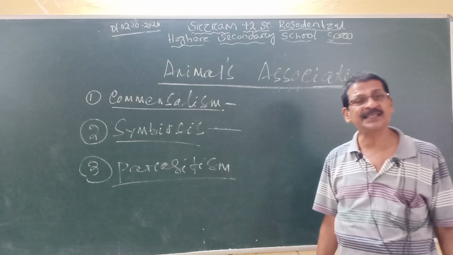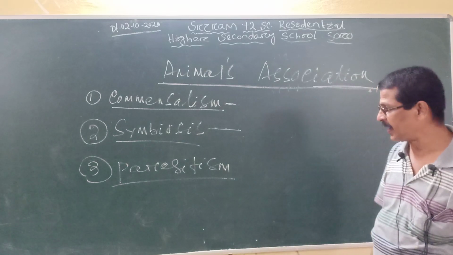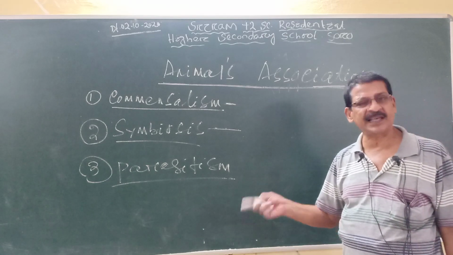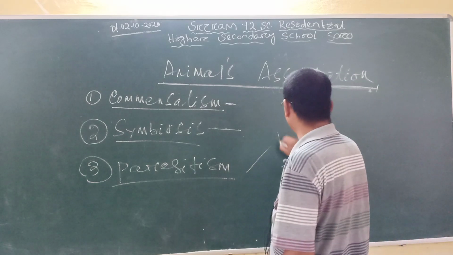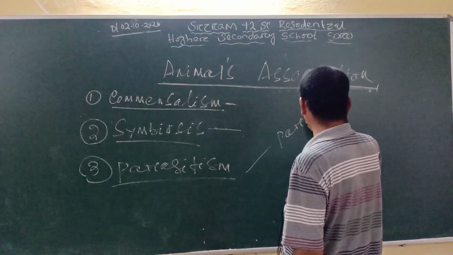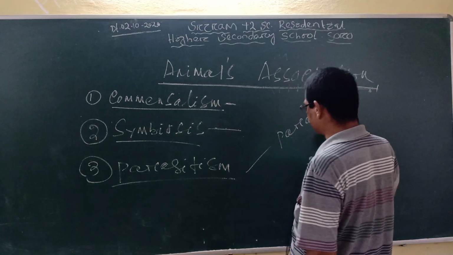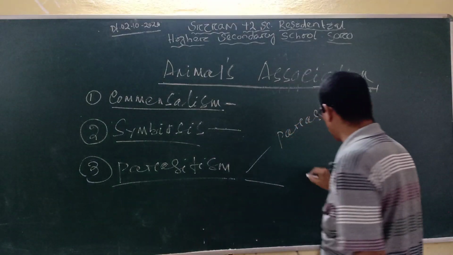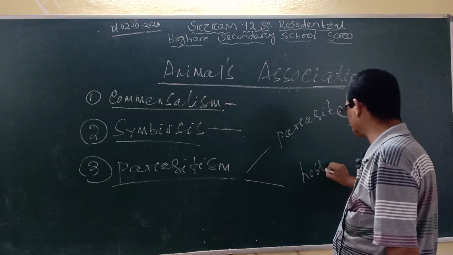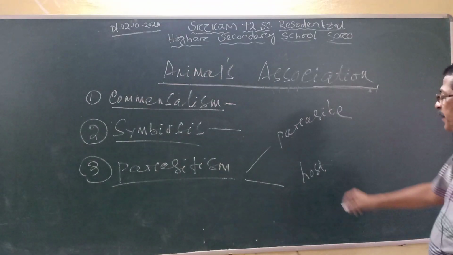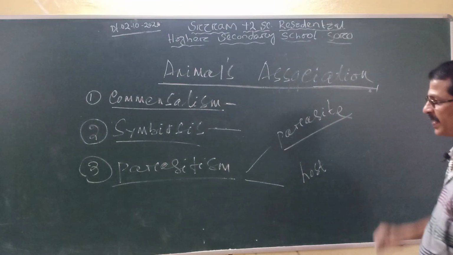So the beneficial partner is called the parasite, and the injured partner is called the host. Clear?